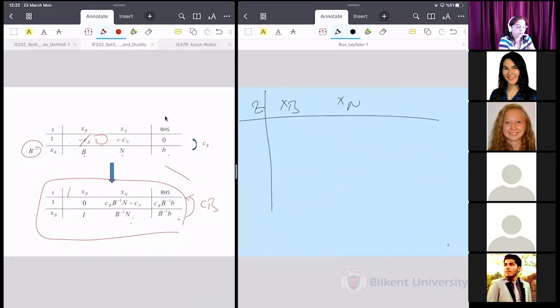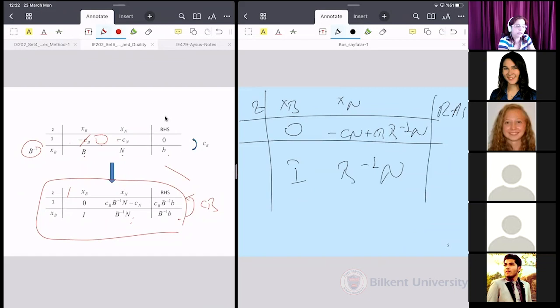I don't want to derive it again and again right now, but I want you to learn how to derive it. So here I have B inverse, and here I have minus Cn plus CB B inverse N, and in my right-hand side, this is CB B inverse b. Here I have B inverse b. Here we have XB.